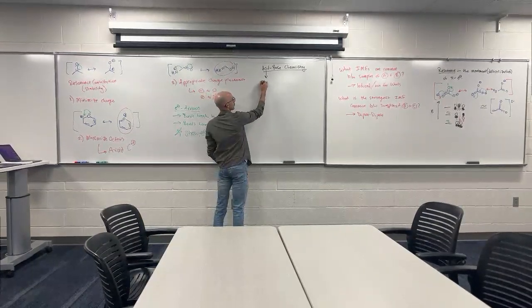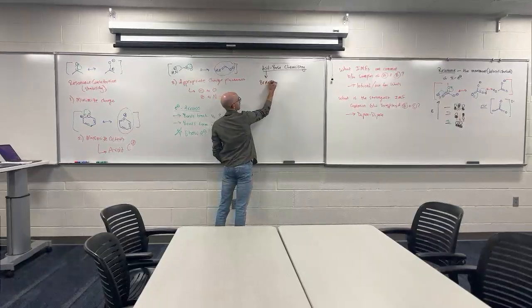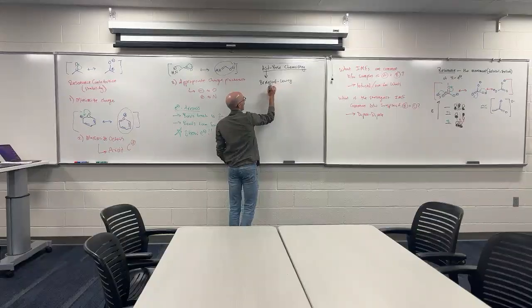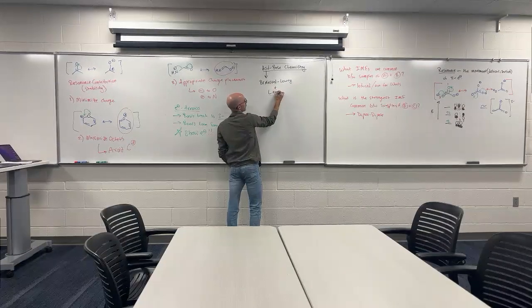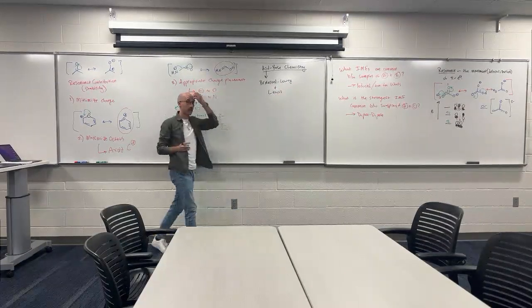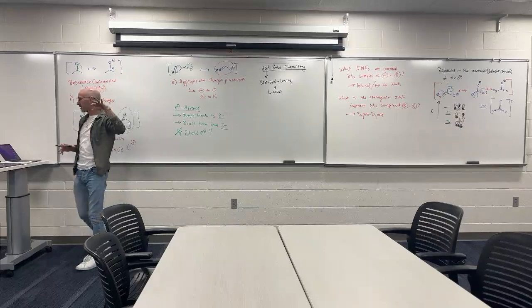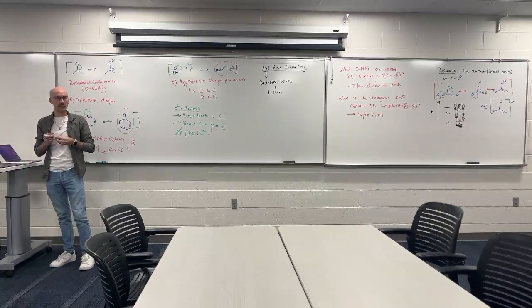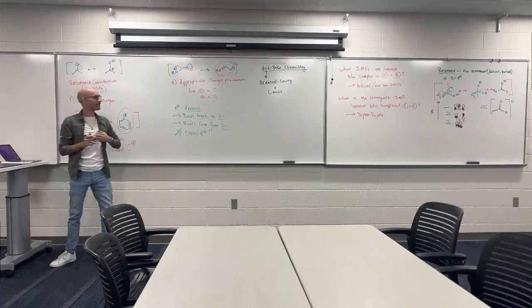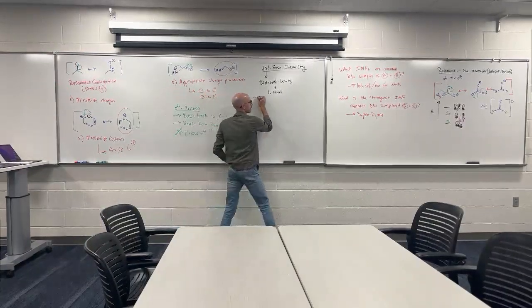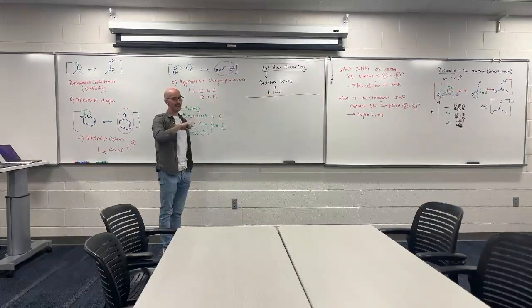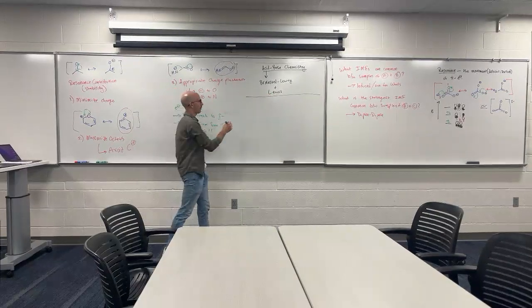We're going to be considering two types: Bronsted-Lowry acid-base pairs, and Lewis acid-base pairs. Typically, I start with Bronsted-Lowry, but today I'm actually going to start with Lewis because I think Lewis acid-base pairs are easier to connect to resonance and arrows.